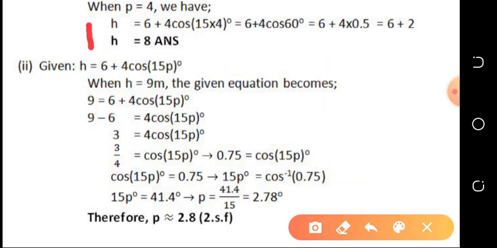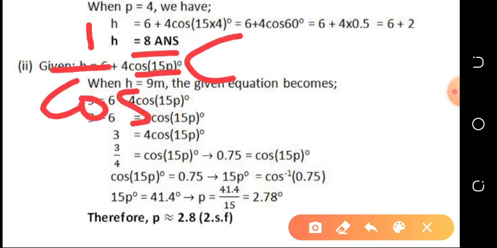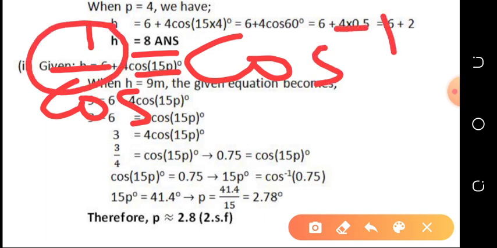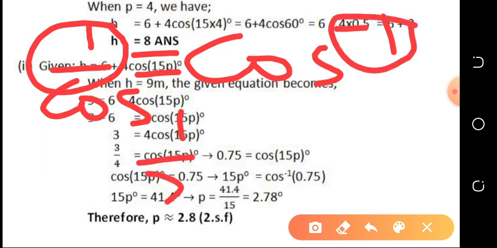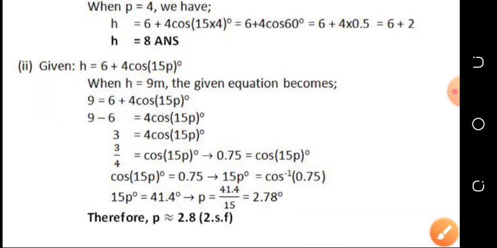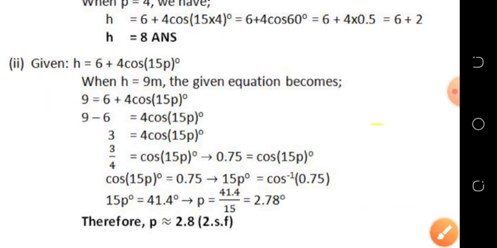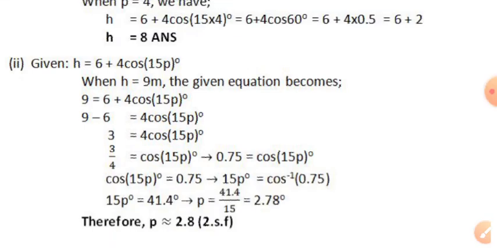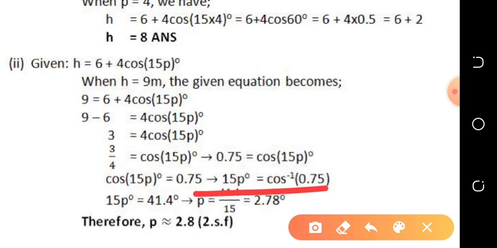Even 1 over x can be rewritten as x power minus 1. That is how we get cos inverse. So you have 15P is equal to cos inverse of 0.75.